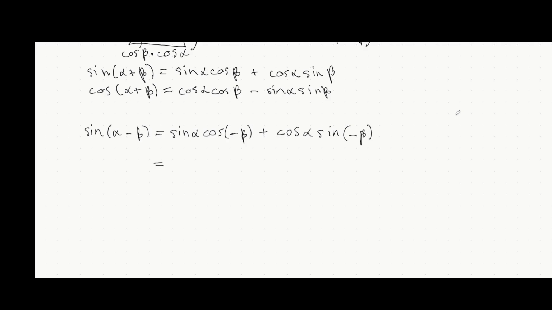Because cosine is an even function, the cosine of the negative of an angle is the same thing as the cosine of that angle. But sine is an odd function, and so sine of the negative of an angle is the negative of the sine of the angle. And so we have the difference identity for sine, and we'll do the same thing for cosine.